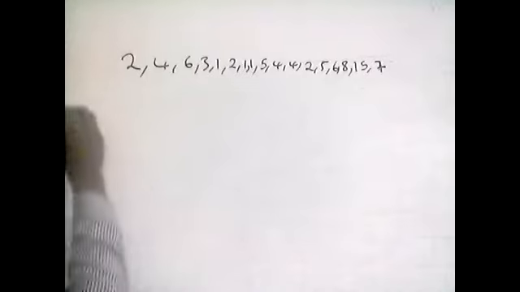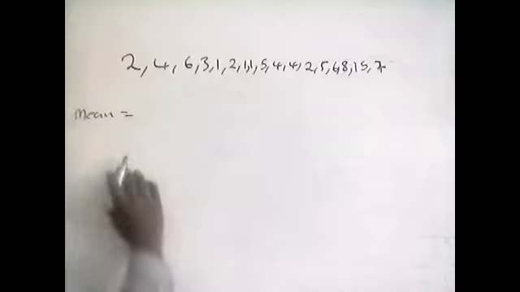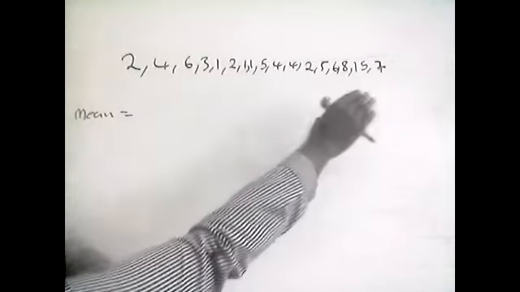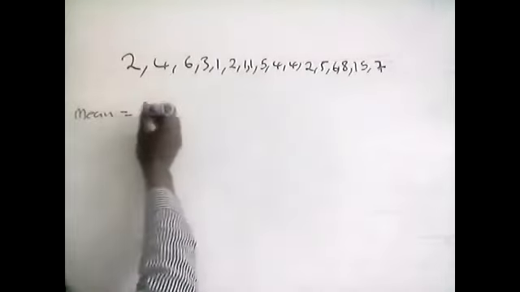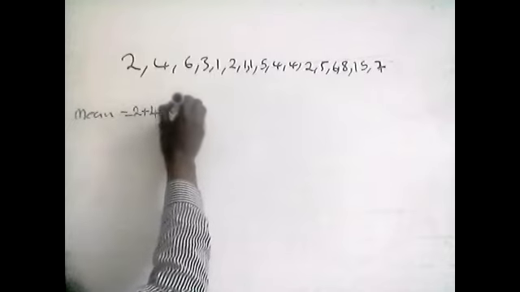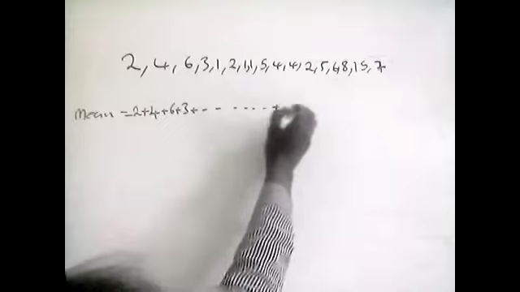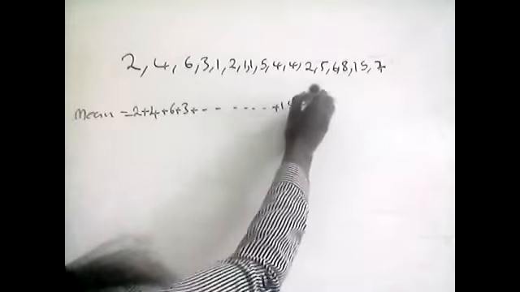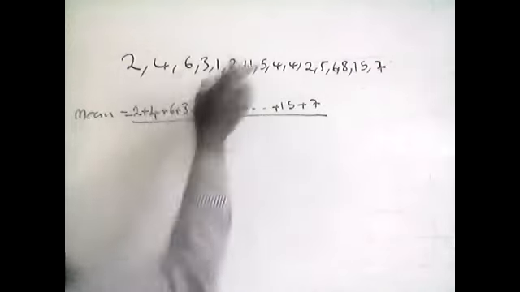The mean in this case is simply the sum of all these values, and then we divide by the number of observations. So we have 2 plus 4 plus 6 plus 3 and so on, up to 15 plus 7, over how many are there? There are 17.